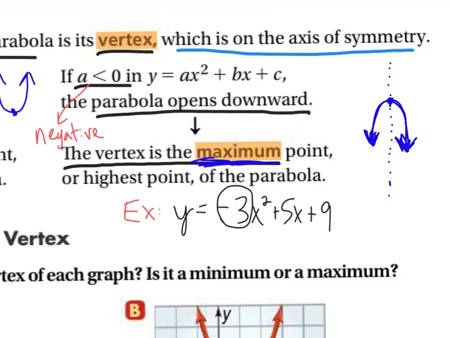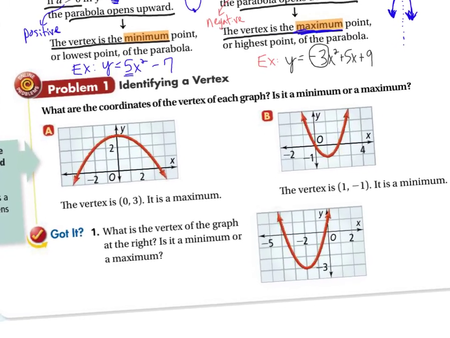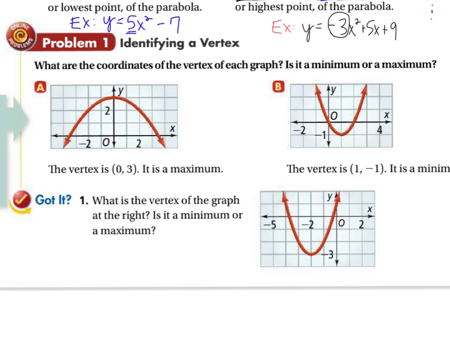So if we look at problem 1, they're asking for the coordinates of the vertex of each graph and whether it's a minimum or maximum. So what we're trying to do is look for where our line of symmetry, or axis of symmetry, is first. So it looks like it's here on A, and then from there we can look at what our vertex is.